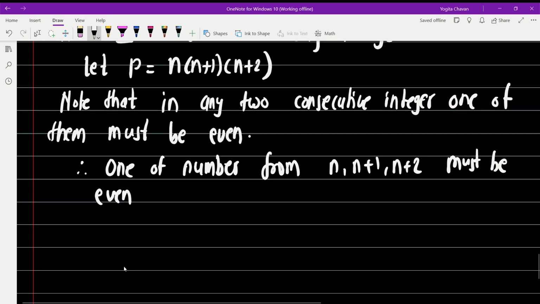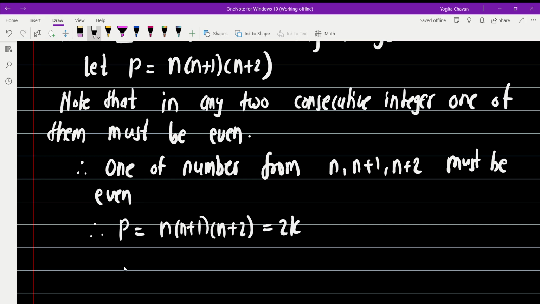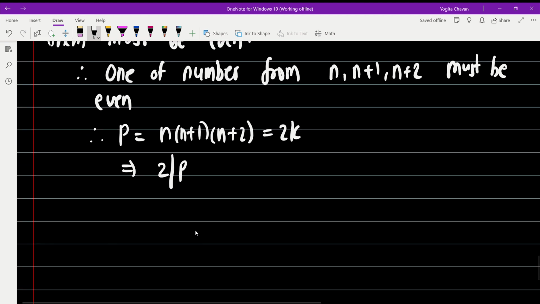And therefore, their product P, equal to n into n plus 1 into n plus 2, is guaranteed even, 2 into k. क्योंकि कोई तो एक इंटीजर इवन है तो वो सब प्रोडक्ट करें तो इवन बन ही जाएगा. This implies 2 divides p. So this product of three consecutive integers is guaranteed divisible by 2. Number 1. Suppose this is number 1.